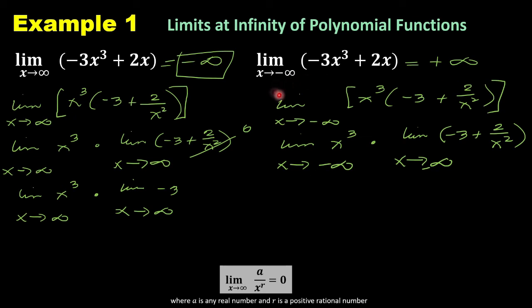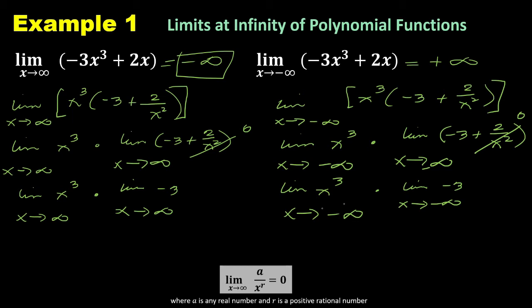For this case, we're going to do the same factoring and application of the limit theorems. So what we have here would be the limit of x cubed as x approaches negative infinity. For this part, the limit would be 0. So what we have would be the limit of x cubed as x approaches negative infinity times the limit of negative 3 as x approaches negative infinity.